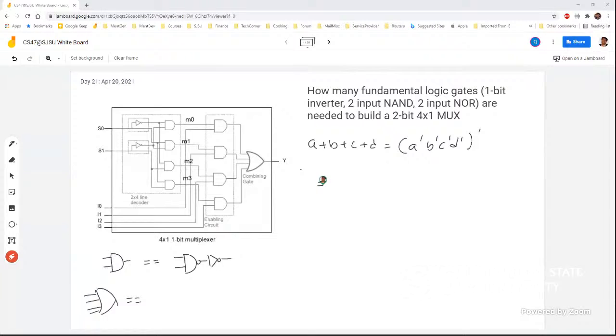This is nothing but we have inverter basic gates, and then we have NAND with C NAND, D NAND. So it is basically converting this into some sort of big NAND with inverters in it.